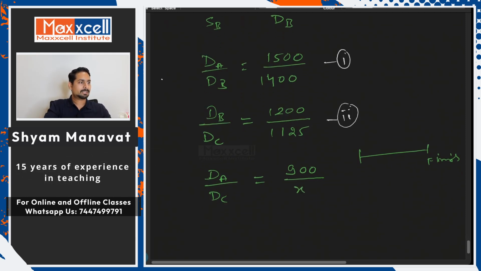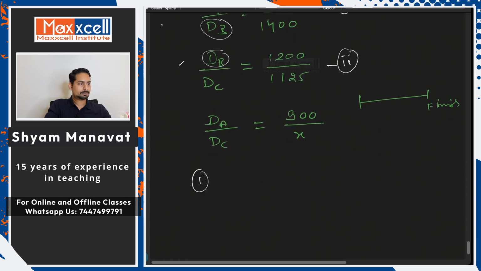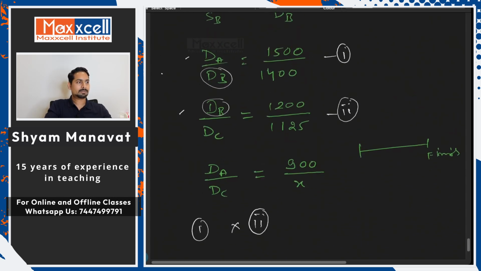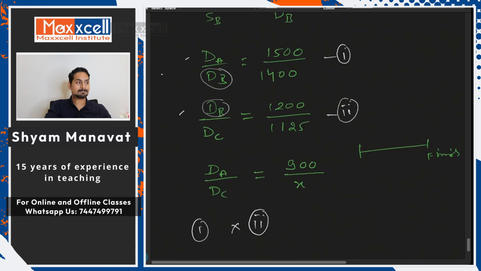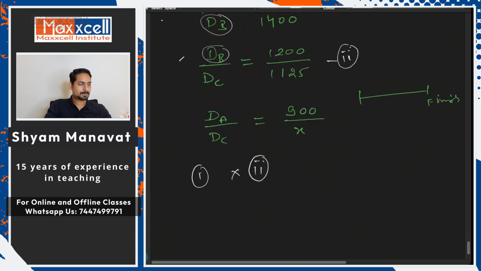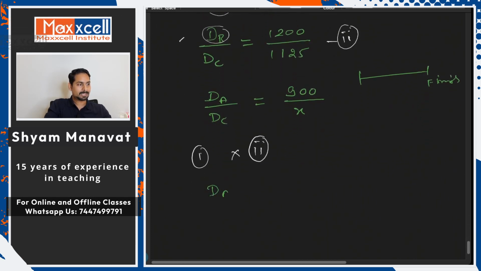Now again, equation number 1 and 2, you can see denominator, numerator. So let me multiply equation number 1 and 2. So that will help me to get rid of distance covered by B, this dB, right? So distance by A by distance of B. This step we can also eliminate, but I am writing this so that you should not get confused.